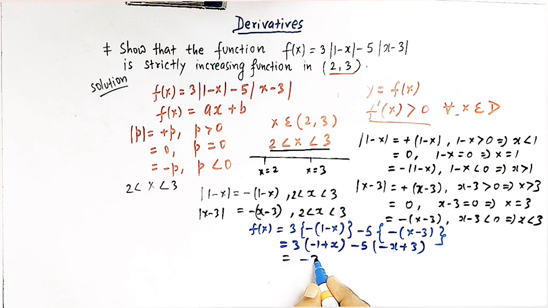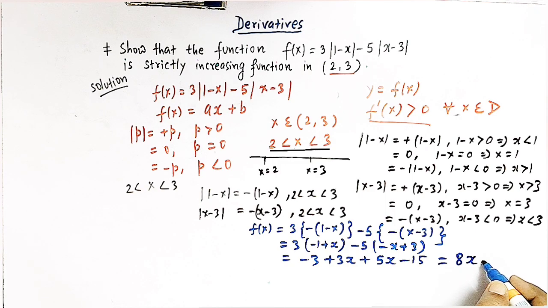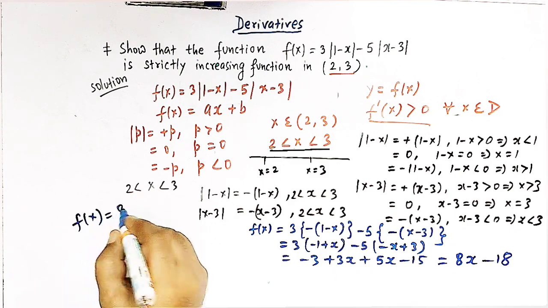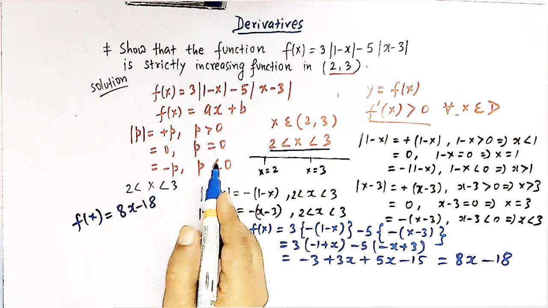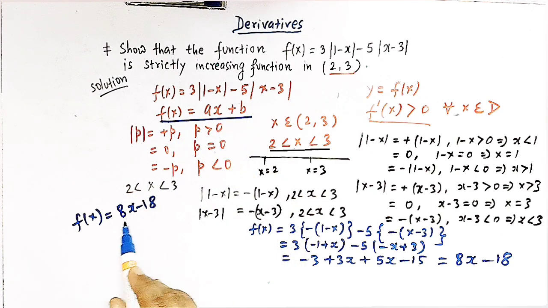So we can now write minus 3 plus 3x, plus 5x, and minus 15. So 5x plus 3x is 8x, and minus 3 and minus 15 is minus 18, right? So our function f of x is now equal to 8x minus 18, which is of this form, that is ax plus b. So this is a linear function.